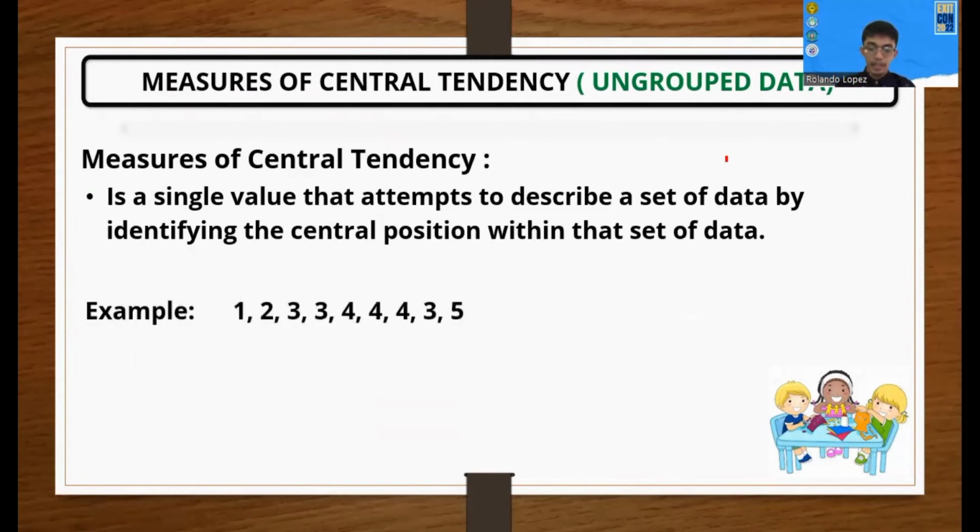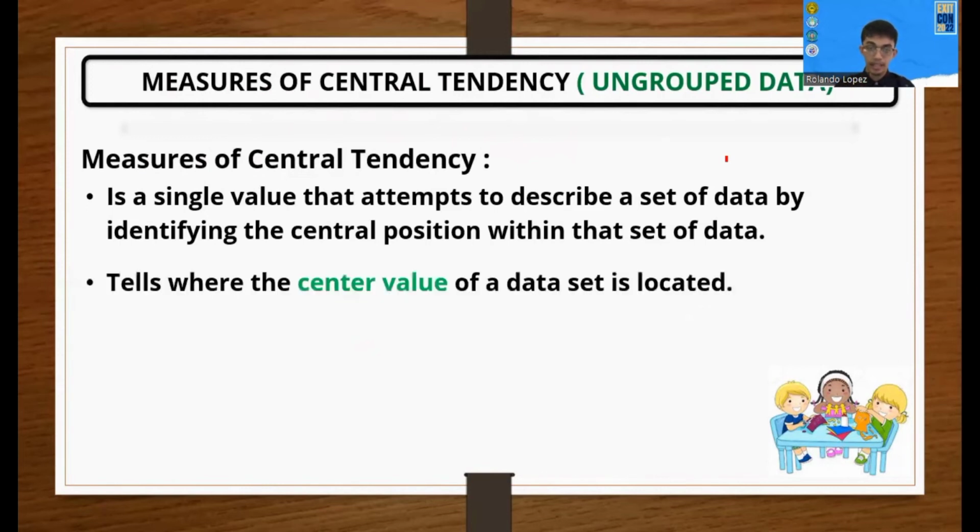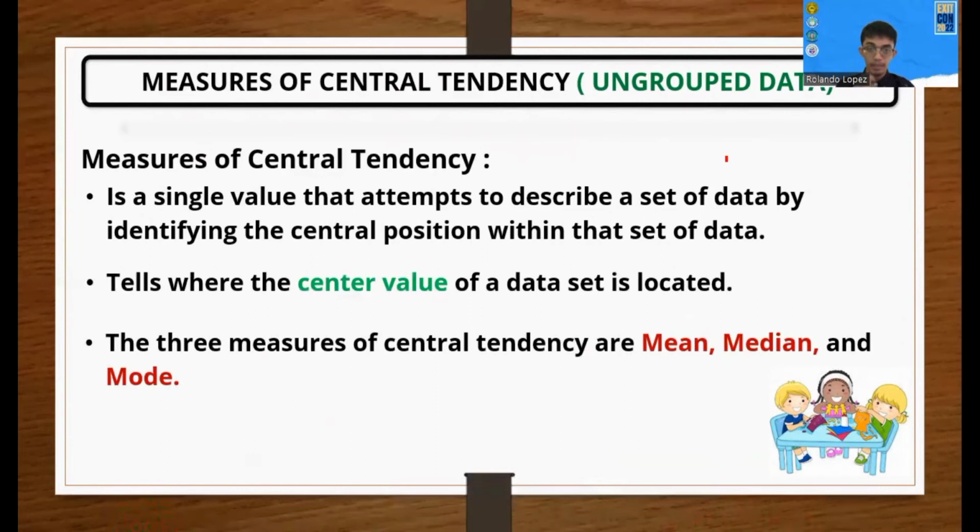For example, this is the data of the scores of students in their math quiz with a perfect score of 5. In this data, what is the middle value? Yes, correct. 4 is the middle value. There are 3 measures of central tendency: mean, median, and mode.